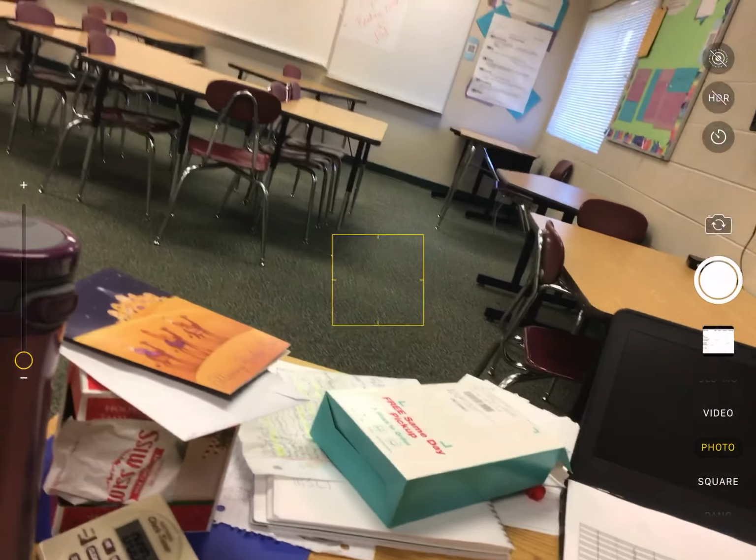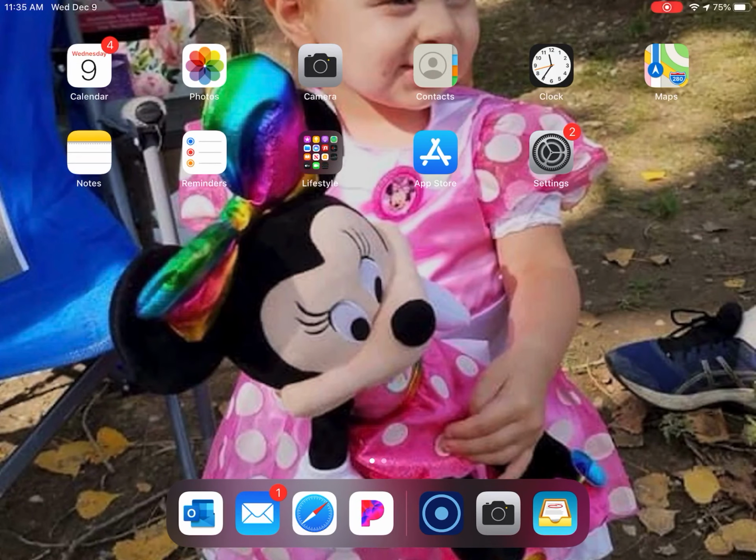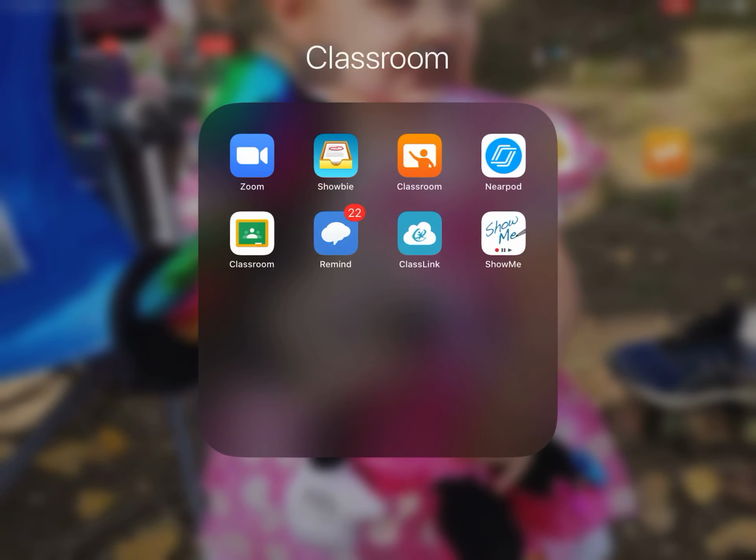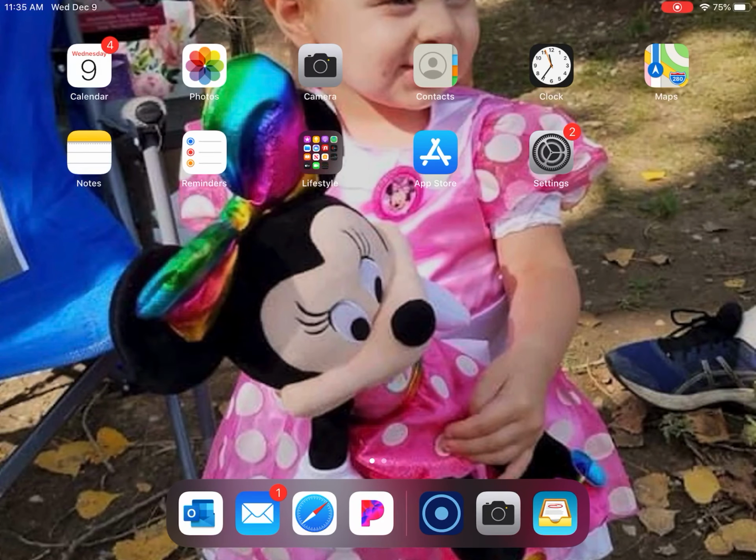Oh, I know where it is. I think it's called Measure. Oh, right here, Measure. I have it in a really weird spot, but it's one of the apps that automatically come with your iPad.